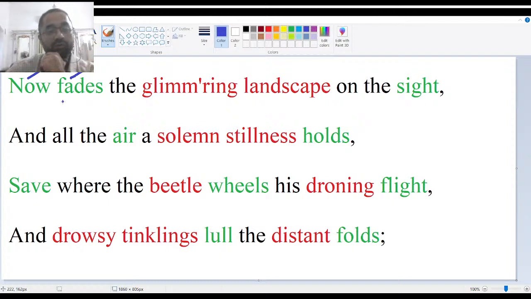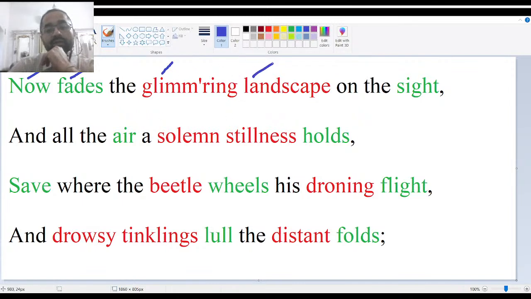Two vowels, one syllable. So now fades, glimmering, where do you stress glimmering? The first syllable gets a stress, because one of the rules, if you remember, of doing scansion is that you cannot stress a suffix or a prefix, and ing is a suffix.